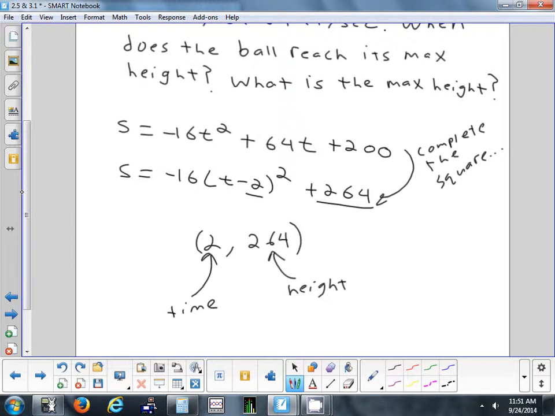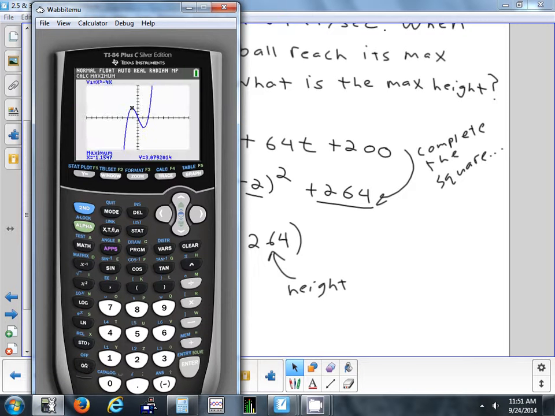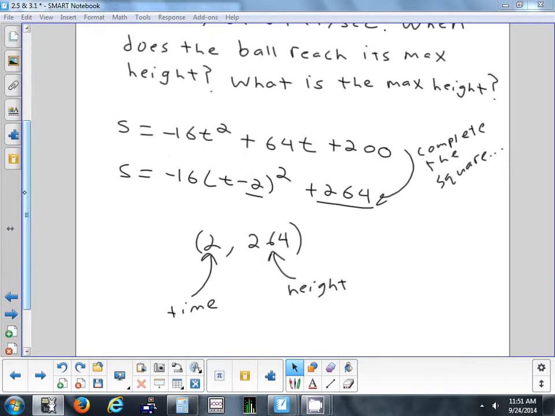So once you complete the square, you have that right away. The number after the minus sign is the time, plus 264 is the vertical shift up. If you don't do it algebraically, we could do it graphically. You just type in negative 16x squared plus 64x plus 200.